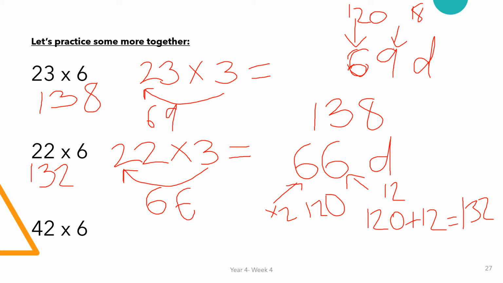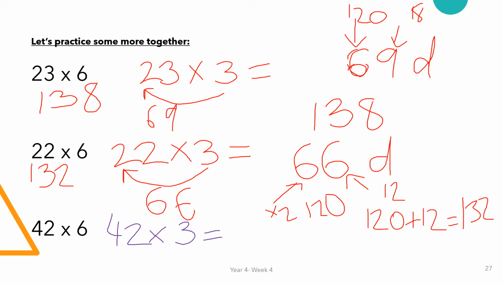Now we're getting a little bit close to the bottom, so I'm going to change the color of my pen to make it a bit clearer for you. Now 42 multiplied by 6. Again, our first step is to make it an easy question, so we're going to do 42 multiplied by 3.